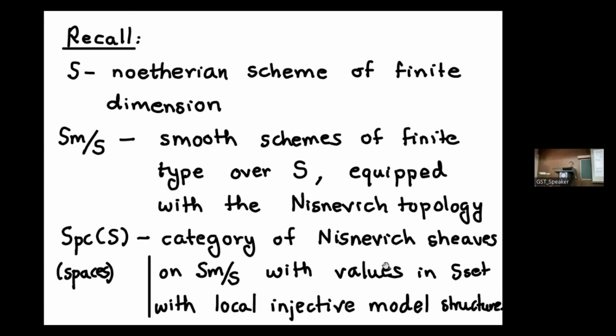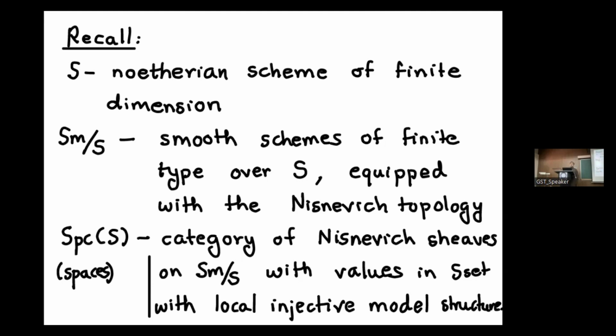Anyway, you may think of these spaces as being Nisnevich sheaves with values in the category of topological spaces, if it helps. But that only causes some technical difficulties, and so to circumvent that, it is easier to work with simplicial sets. So this is a model category, and we use something called the local injective model structure. I defined that last time.